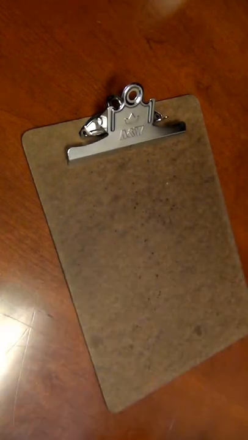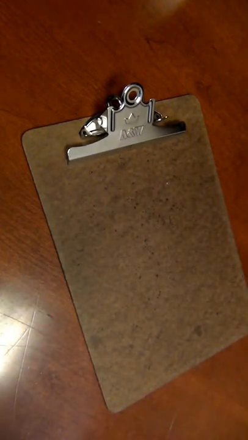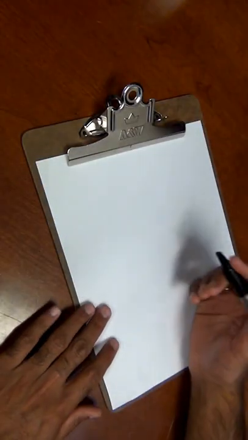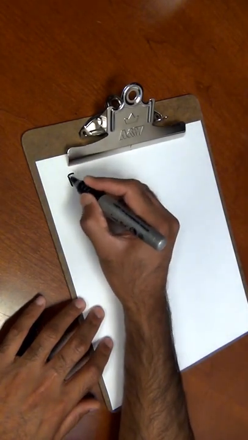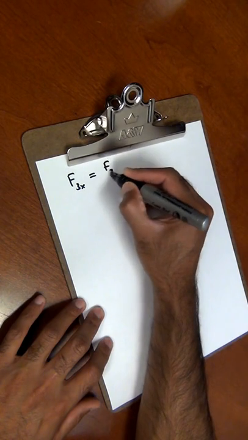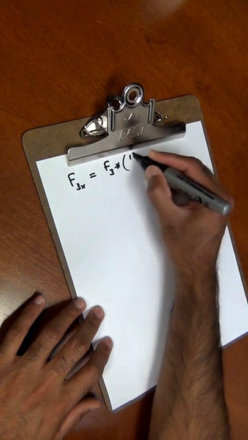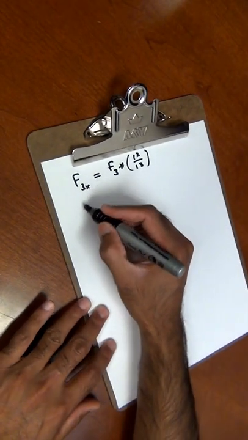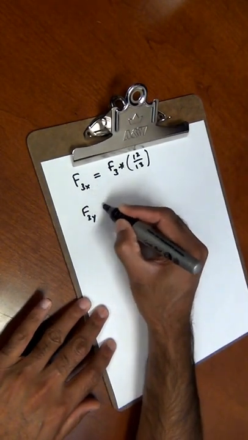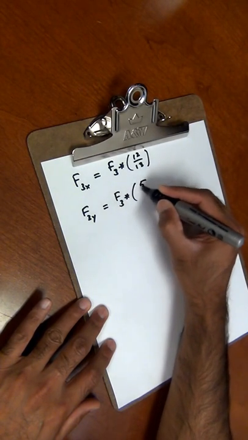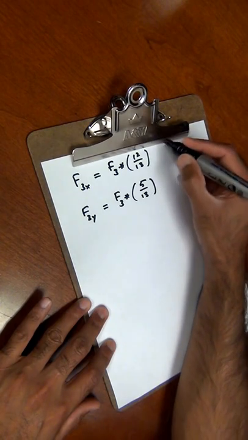Once we have this ready, then we are now in a position to write the vector F3 in terms of its components along the x and the y directions. So just to reiterate, we have F3x as essentially F3 times 12 by 13, cross multiplying from the previous page, and then I have F3y as F3 times 5 by 13.